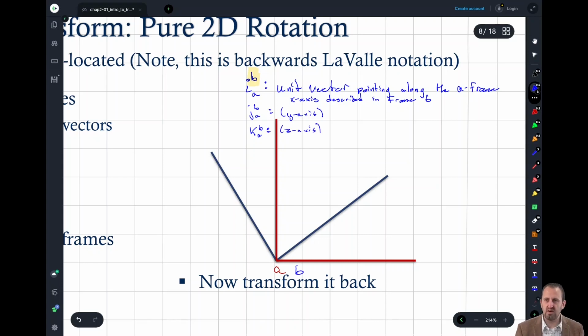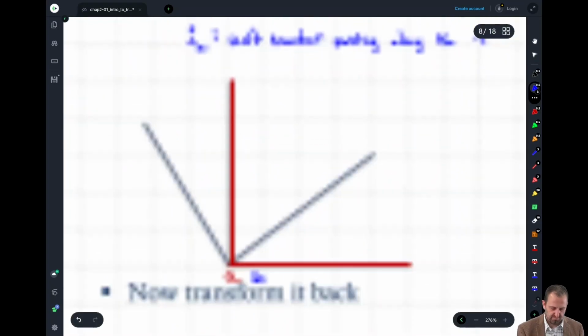Okay, so let's write these down on this coordinate frame.